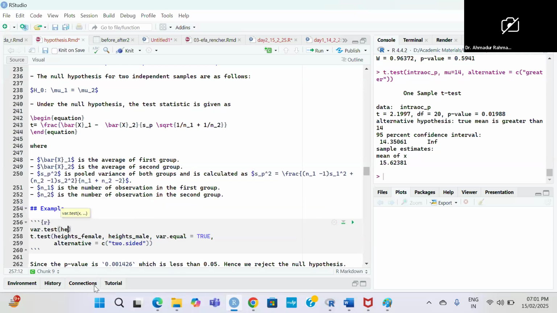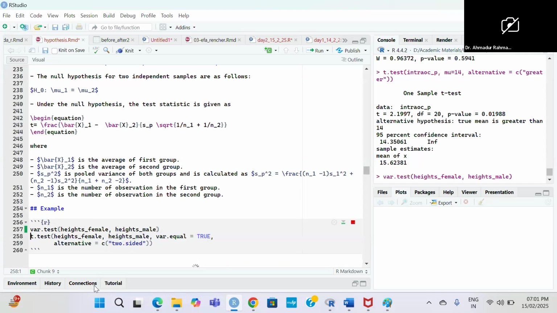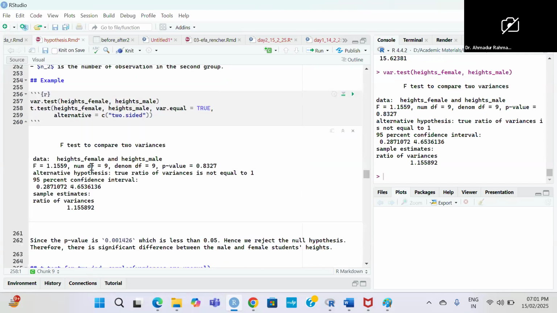I think we did it, but we should do it again: height female dollar, heights male, and then run this. We see the p value is 0.8327, greater than 0.05. So that means the variances of the two groups are equal.